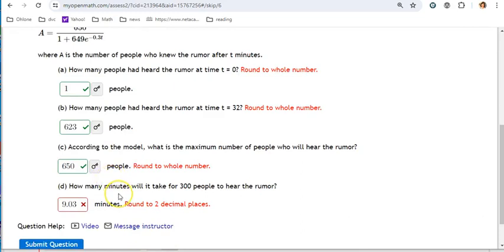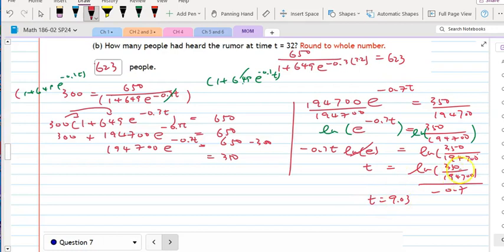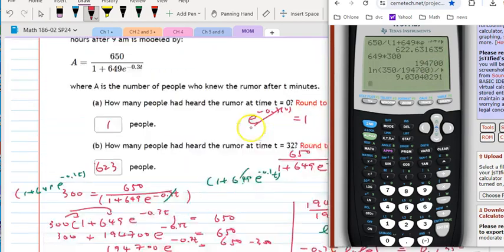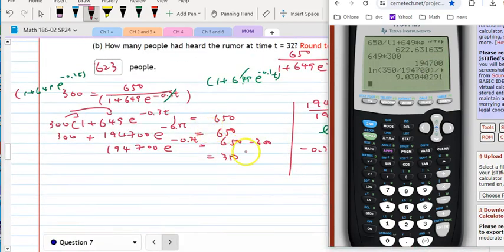Oh, 9.03 doesn't work. That seems too small. Let's see. 650 minus 300. Maybe I multiply. This is not 649. 300 times 649, 194700. Oh, it's 0.3.